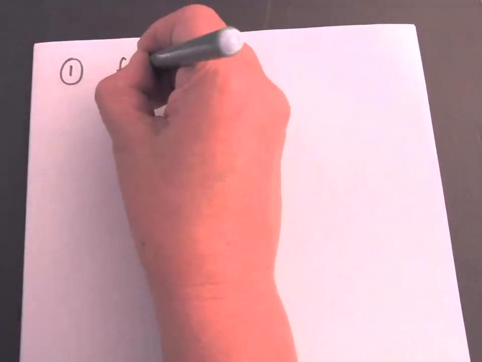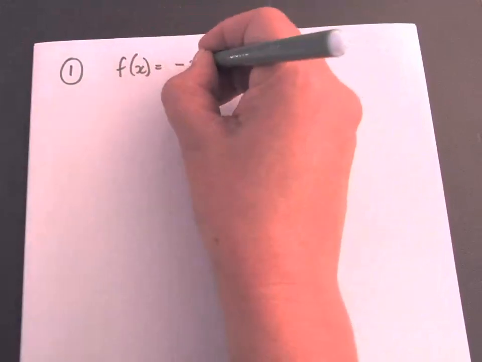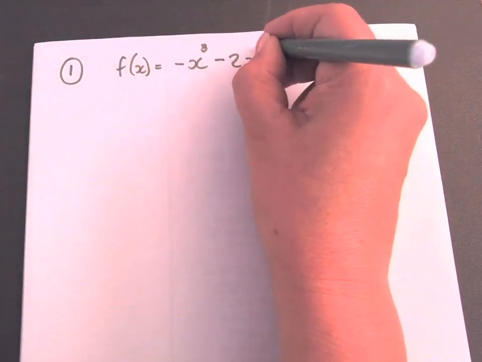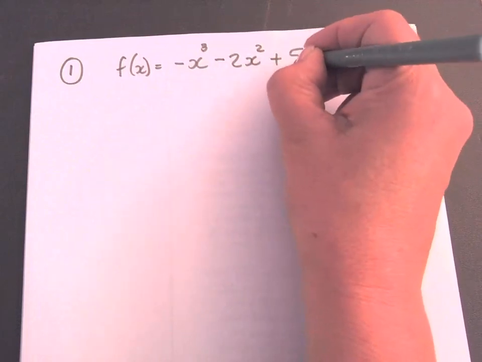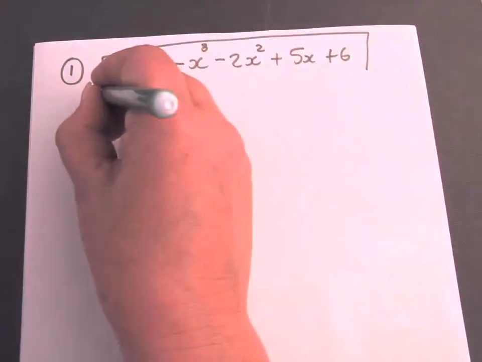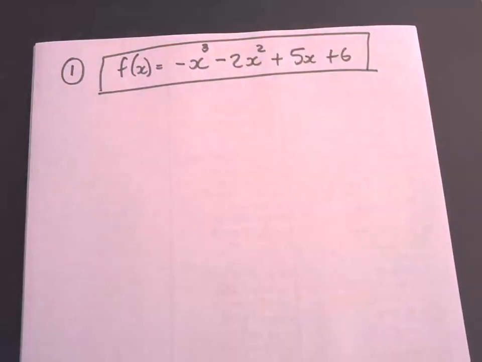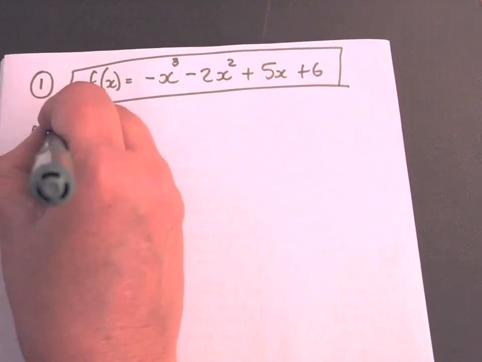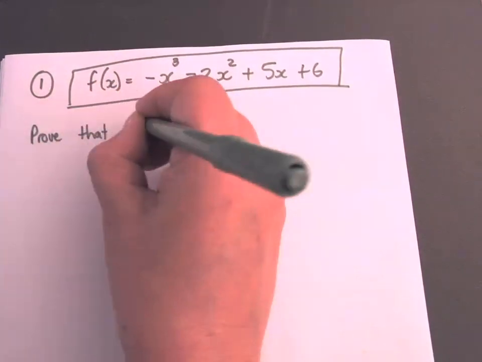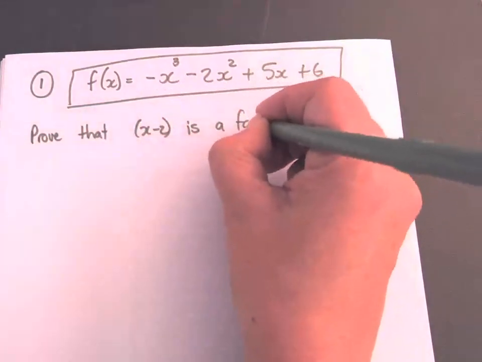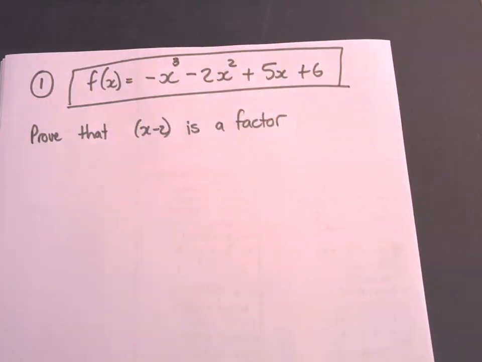I tell you f(x) equals negative x to the power of 3 minus 2x squared plus 5x plus 6. That's my function. Prove that x minus 2 is a factor. So now I give you the divisor.